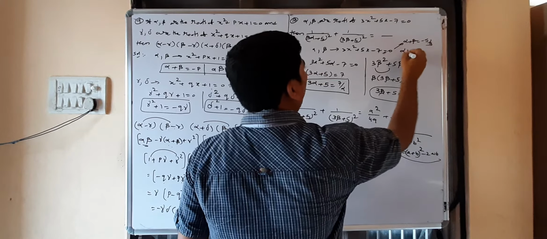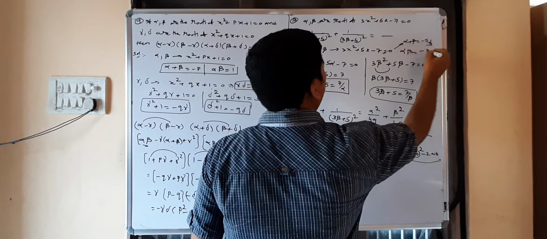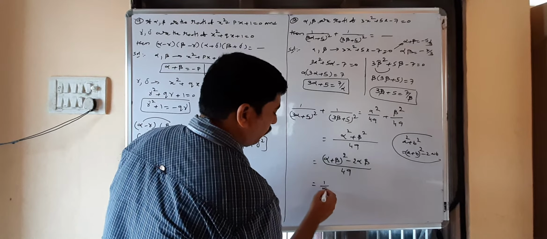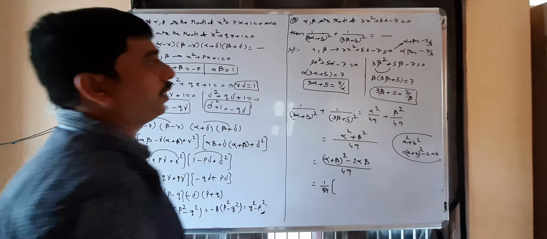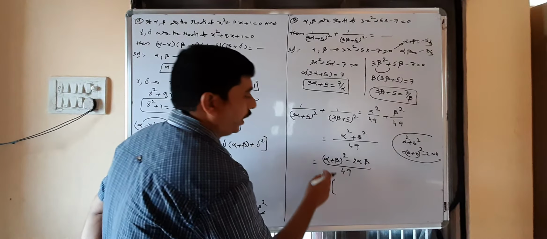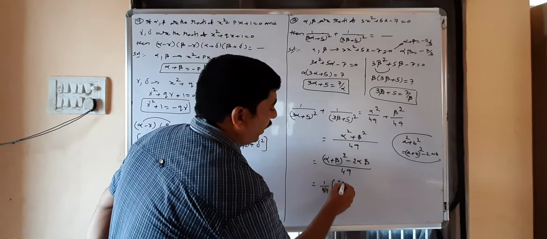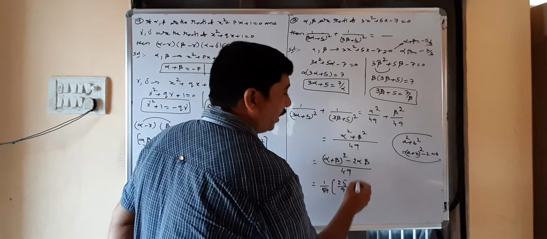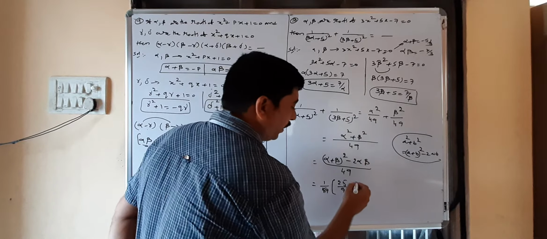Alpha beta, c by a, that is minus 7 by 3. Substitute on that: 1 by 49 into, alpha plus beta I have minus 5 by 3, minus 5 by 3 whole square, that is 25 by 9. Minus into minus plus 2 into minus 7 by 3, plus 14 by 3.